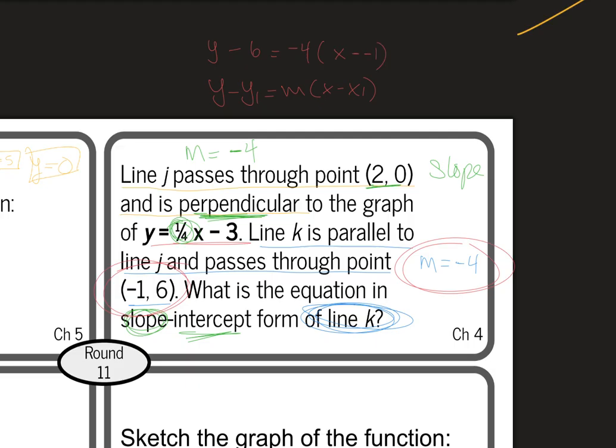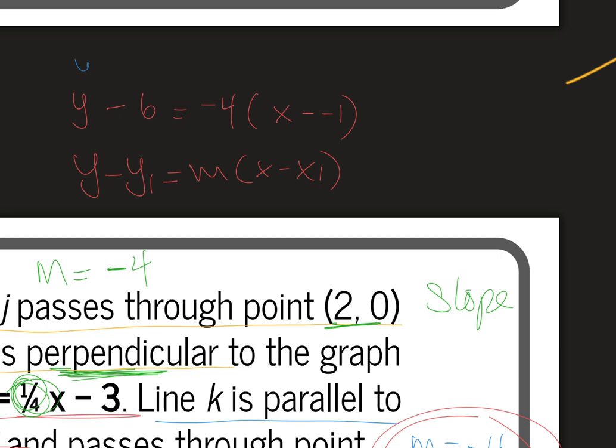Now, no, that is not in slope-intercept form, but it will be soon because I can simplify this to be y minus 6 equals negative 4x minus 4, right? And I just add 6 to get y equals negative 4x plus 2, and I'm done.